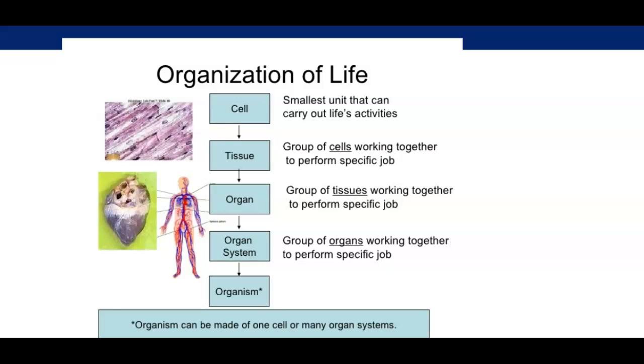You're going to get those all put together. You put everything that works together as a function. For instance, the heart and the blood vessels, and you're going to get the circulatory system. You put together the pancreas, the liver, the stomach, the intestines, and you're going to get the digestive system. And you put all the systems together and you end up with an organism of a human, okay?